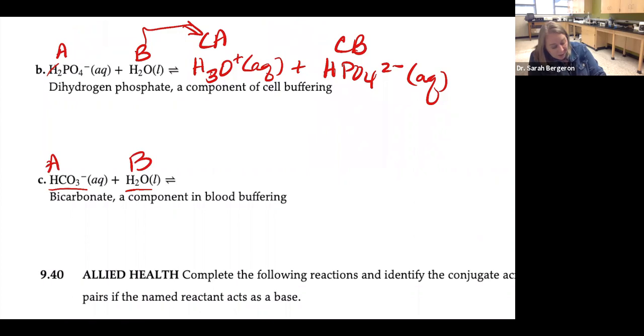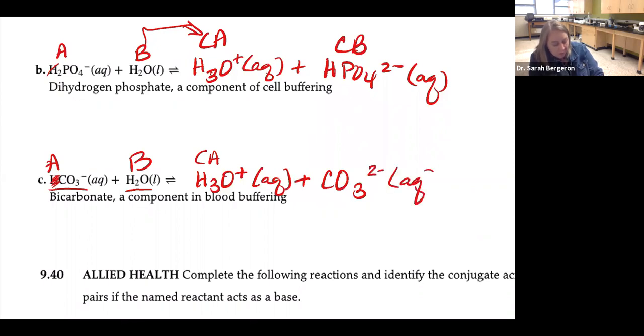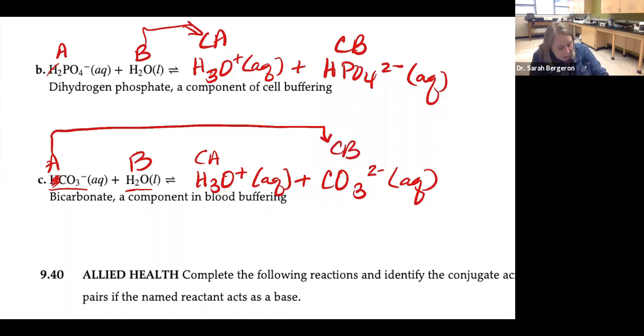So if I'm going to make a conjugate acid with water, I need to get H3O plus, because the base is going to accept that hydrogen ion. It's aqueous. And then I'm going to lose my hydrogen. I'm going to make CO3. Now be careful with my charge because I lost a hydrogen, I'll be a -2, okay? And this is my conjugate base, right? Acid, conjugate base, base, conjugate acid, okay?